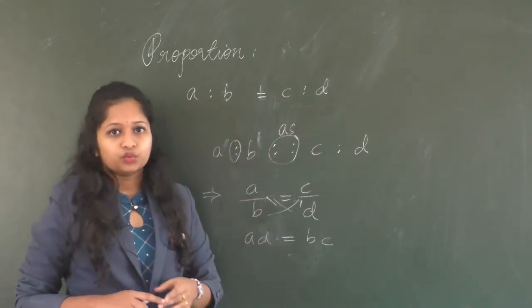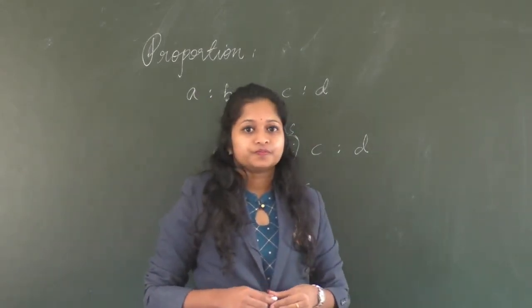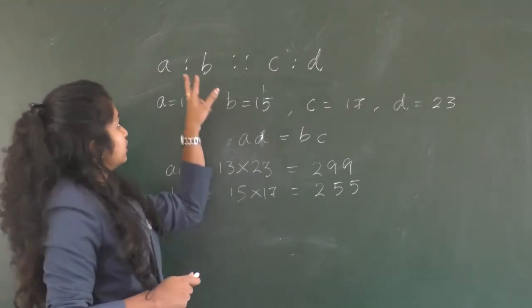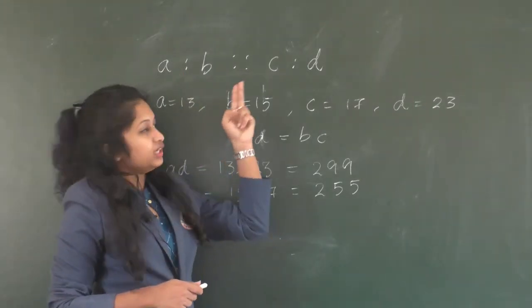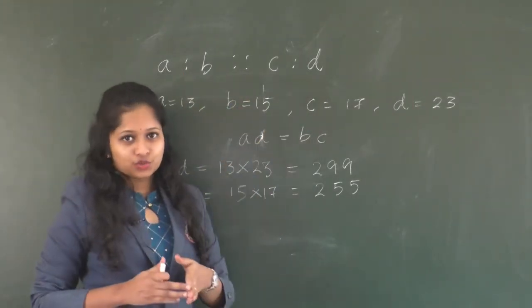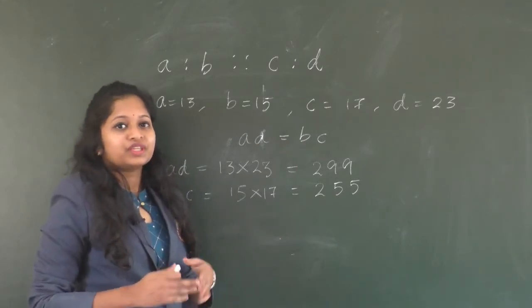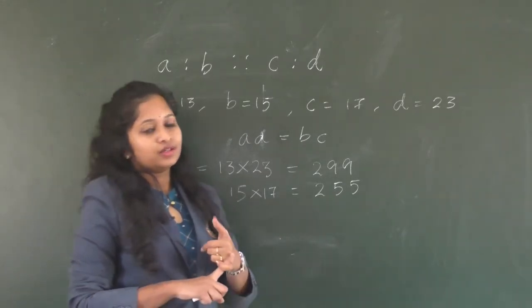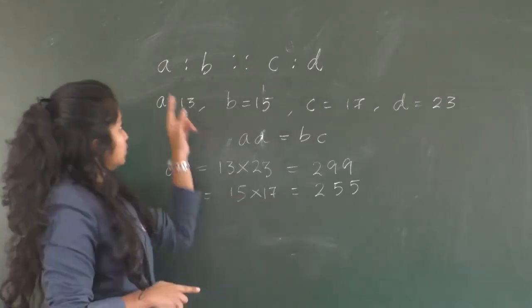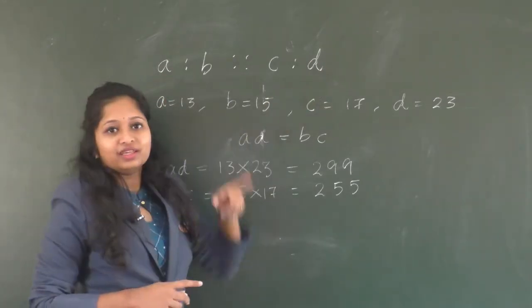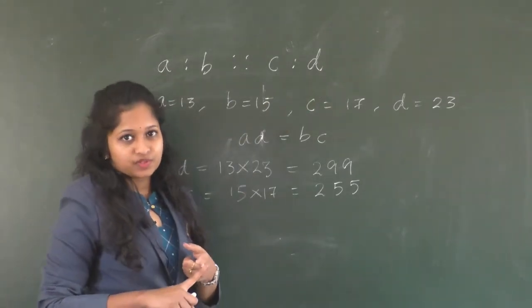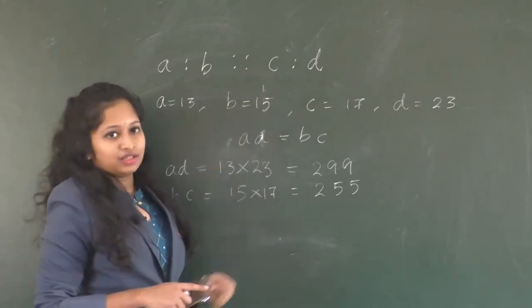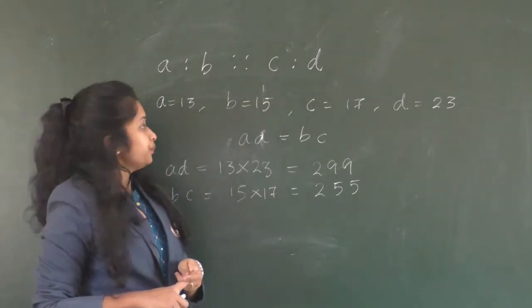Okay? So, children, when we write A is to B as C is to D, we tell that A, B, C, D are in proportion. So, A and D are the extreme terms and B and C are the middle terms. Okay?